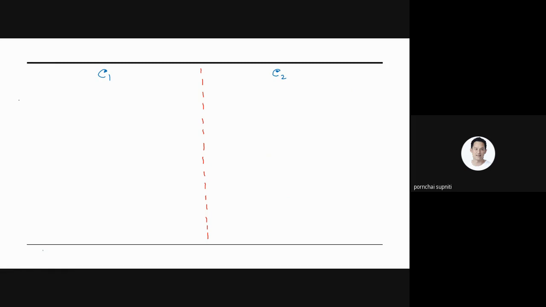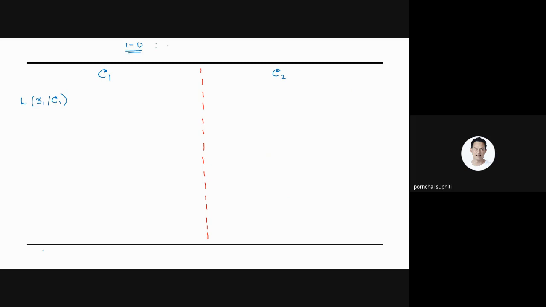Okay, so let's first see the likelihood of x1 given c1. How do we compute it? Here we have 2 dimensions. If we only have 1 dimension, we can just write the PDF.